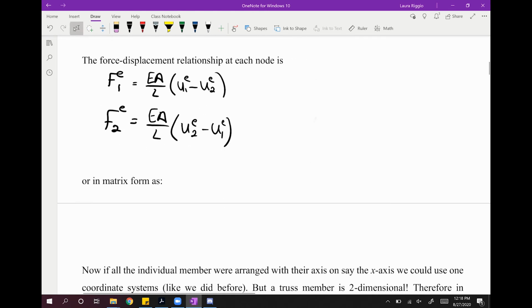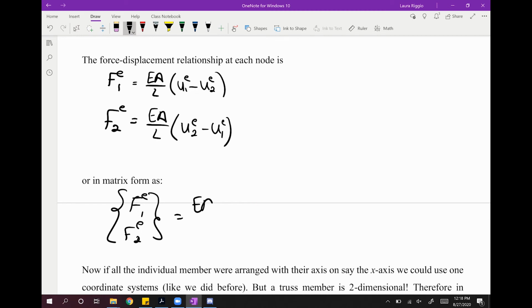And in matrix form, we get that our forces are equal to our stiffness matrix times our displacement vector.